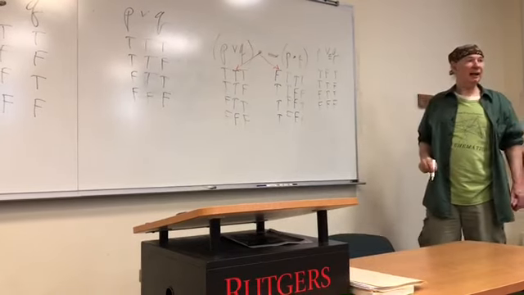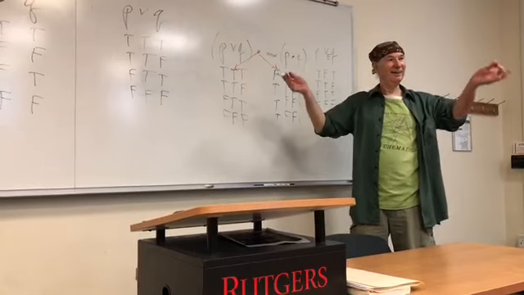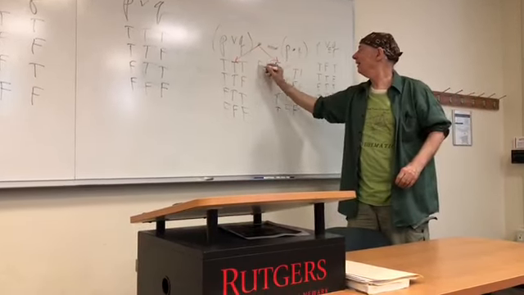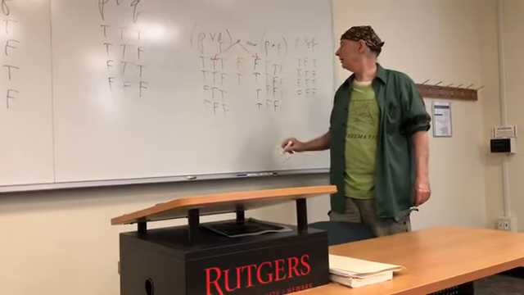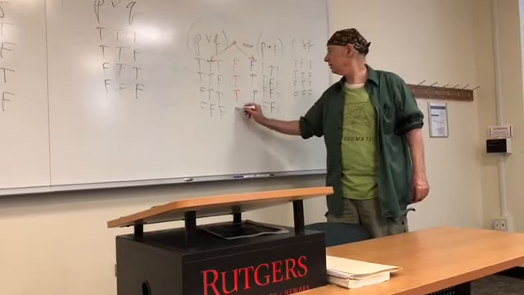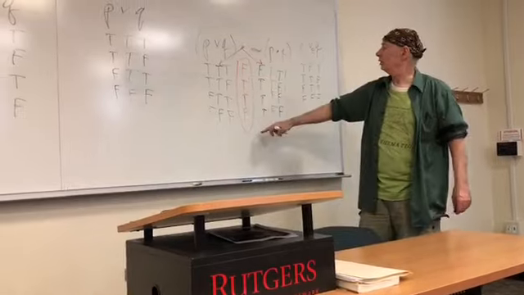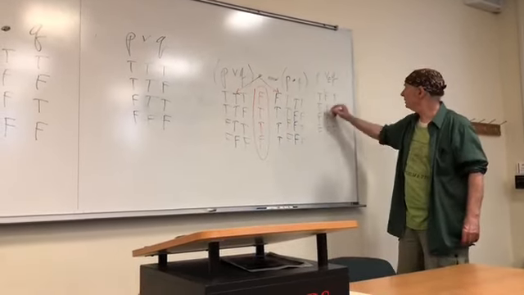So T dot F is F. F. T dot T is T. T dot T is T. F dot T is F. And that column is the truth value of this whole sentence.